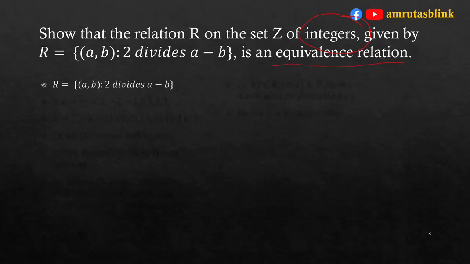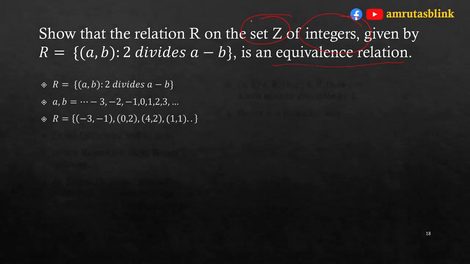R is equal to {(a, b) such that 2 divides a minus b} and this R is defined on set Z. Now this (a, b) can have values of all the integers, that is negative numbers, 0 as well as positive numbers, such that the difference between a and b should be divisible by 2. Now if we want that this difference should be divisible by 2, that means the difference should be an even number.